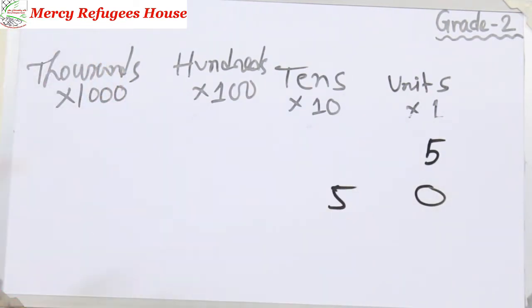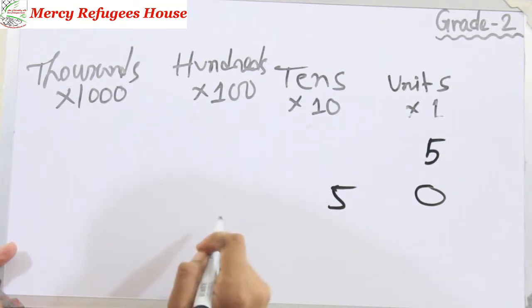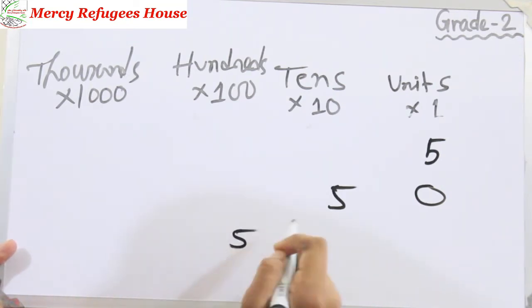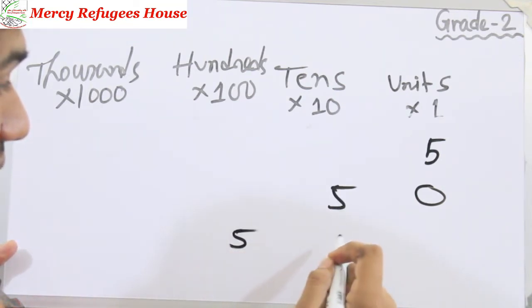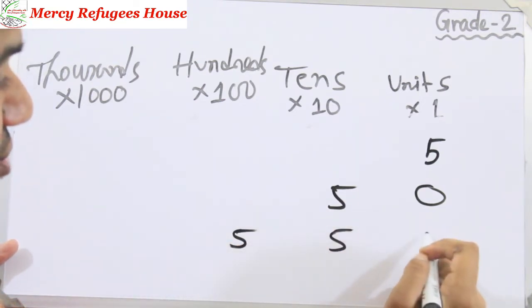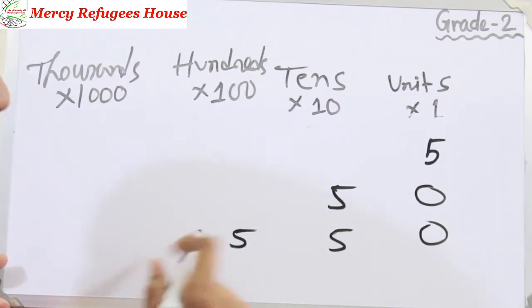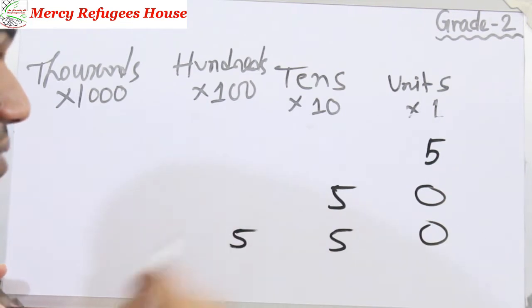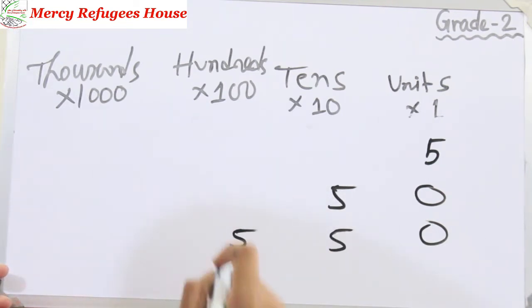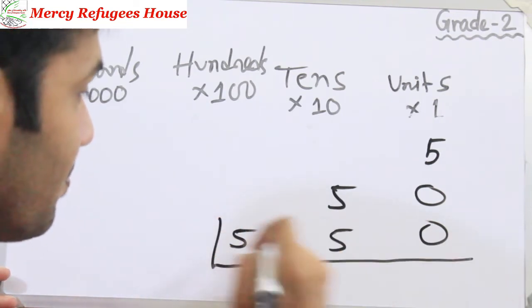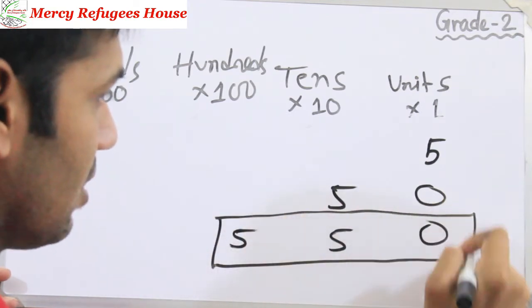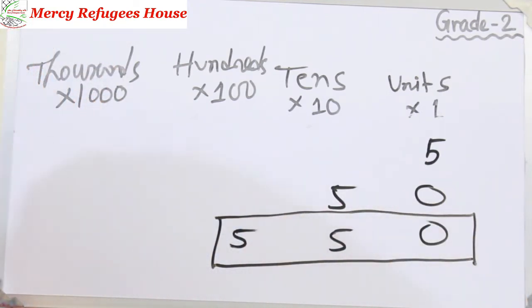Now if we do the same thing, shift this 5 here and bring another 5 as well, it is 550. Look at this number. This is 550.